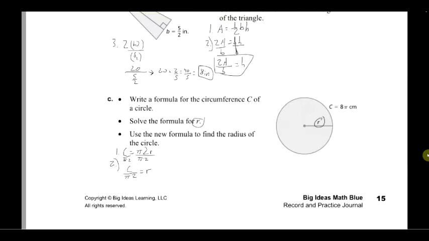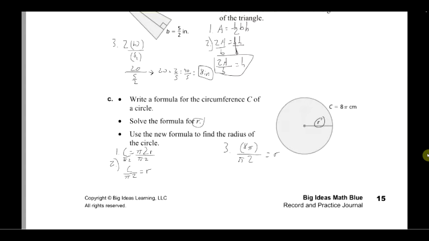Now let's put this into practical use, and let's go parentheses divided by pi times 2 equals r. We only have one substitution to do, but some fancy math. So our circumference is 8 pi.